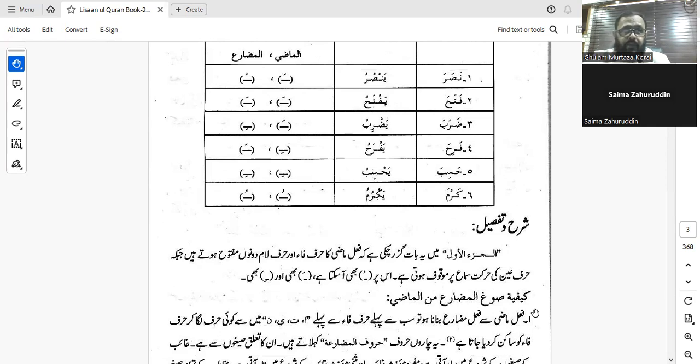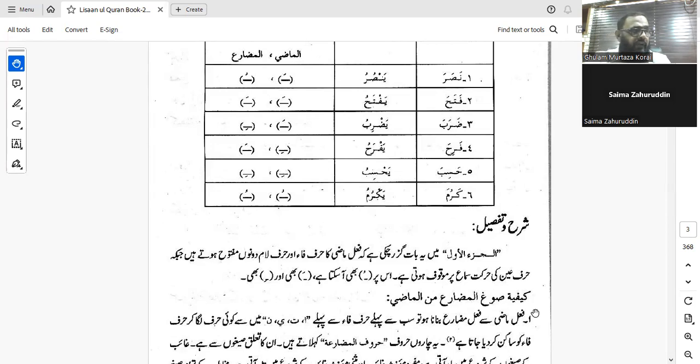So ism is a word that conveys meaning, but that does not have any kind of time or tense in it, meaning madi, hal or istiqbal. And harf is a kalima whose meaning cannot be understood without the addition of another word, like an ism. So if we do not add ism with harf, we cannot understand the meaning of harf.